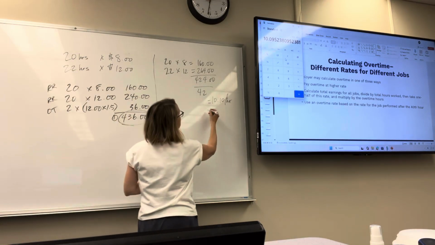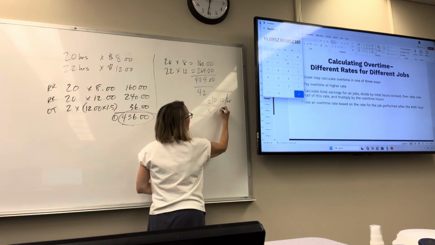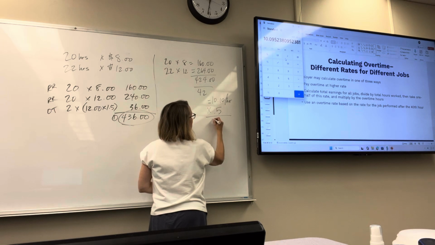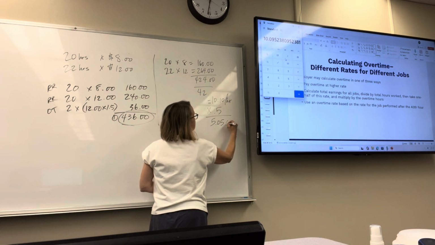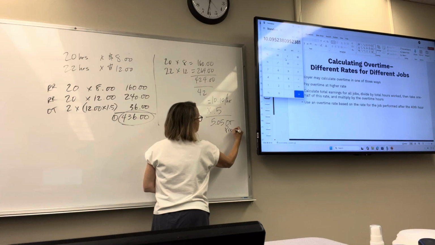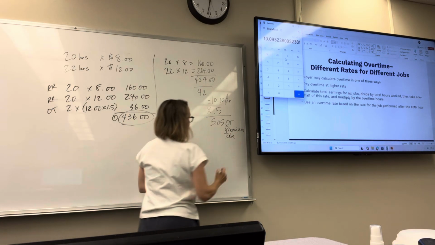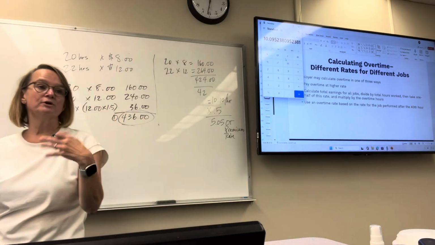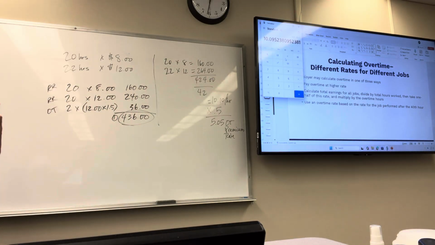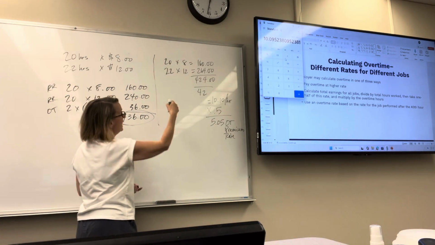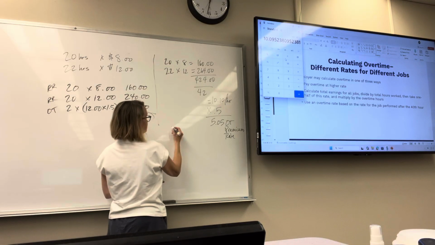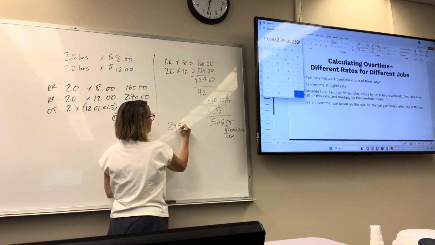And then we're going to multiply it by 0.5. So 5.05. This is our overtime premium rate. So for each hour of overtime, they're going to get paid an additional $5.05. They had 2 hours of overtime, so 2 times 5.05.